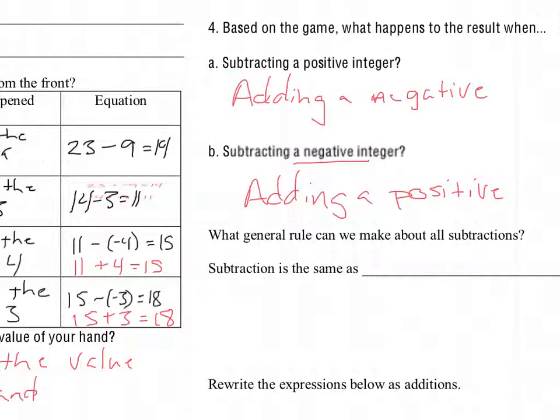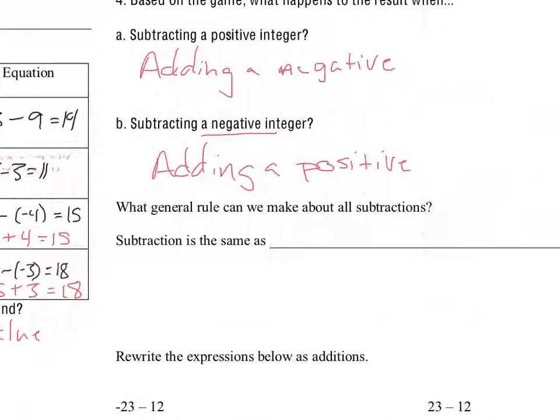So as a general rule, we can see in both instances that we are adding. Okay, subtraction is the same thing as adding. That's definitely general to this particular thing. And here we're adding a negative instead of a positive, so the opposite of a positive. Here we're adding the positive rather than a negative, and that's also the opposite. So in both instances, we're adding the opposite.